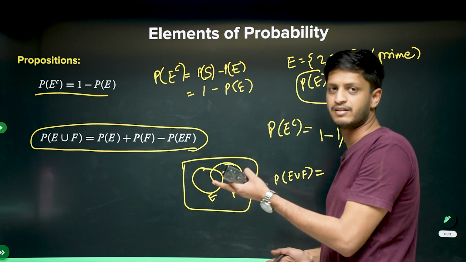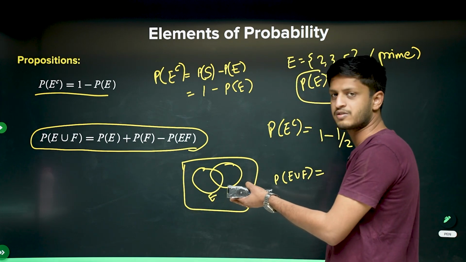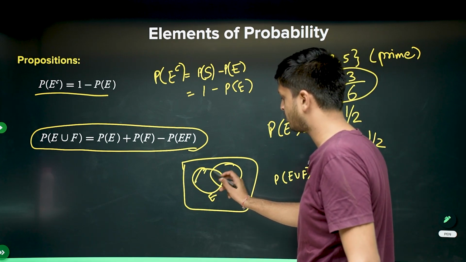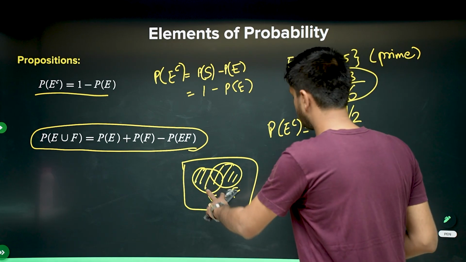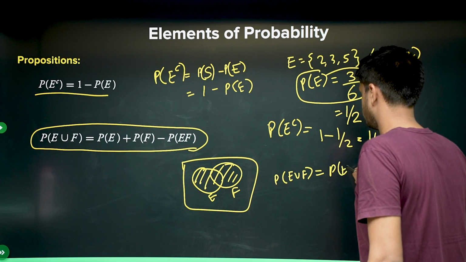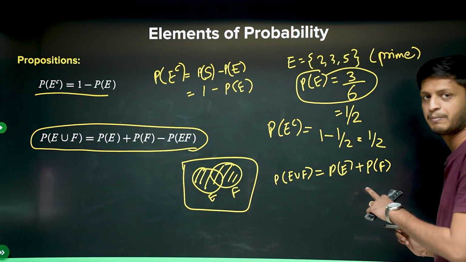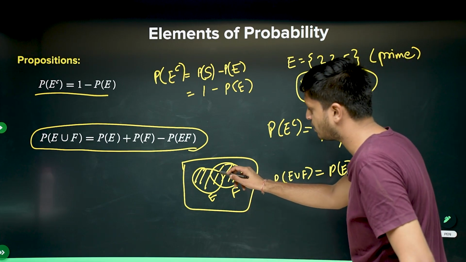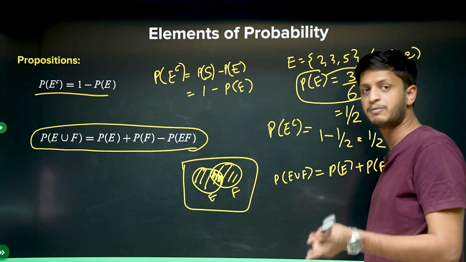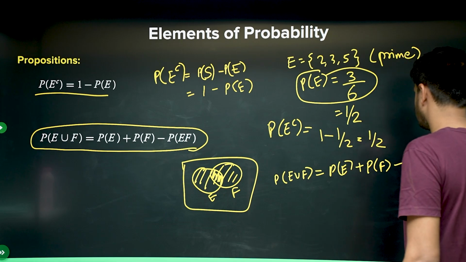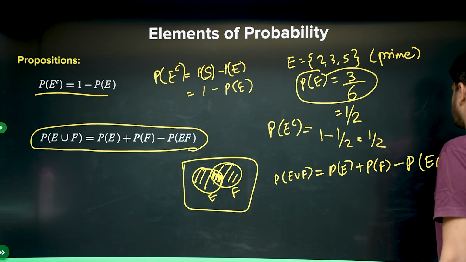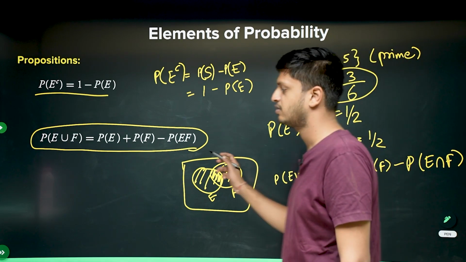And also in counting, when we did inclusion exclusion, we saw this. So the probability of E union F will be the probability of E plus the probability of F. So either E can happen or F can happen. But when we do this, we are overcounting these elements. We are counting them twice. So you have to subtract them once. So it is the probability of E intersection F subtracted once.